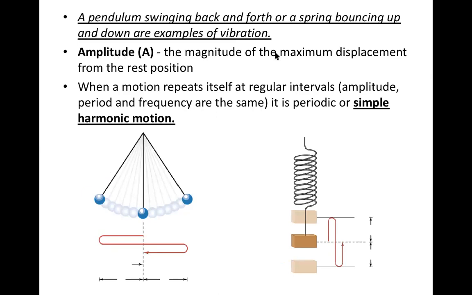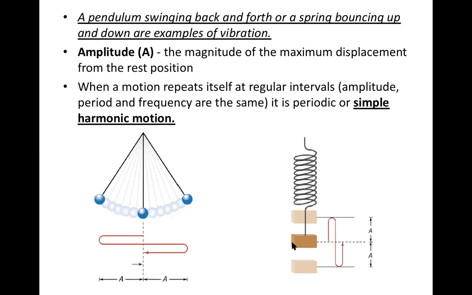Amplitude is the magnitude of maximum displacement from the rest position. So far to the right to the equilibrium point, this distance here is amplitude, or maximum displacement to the left to rest is your amplitude. This is sideways vibration compared to this vertical equilibrium.